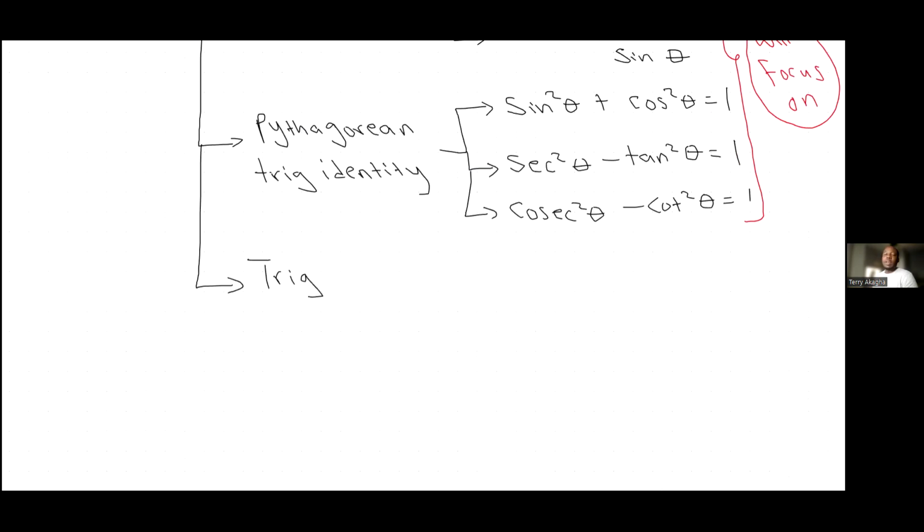And when I say trig, I mean trigonometric. Does that make sense? So trig identity of complementary angle. Then the other one we have is the trig identities of supplementary angle.